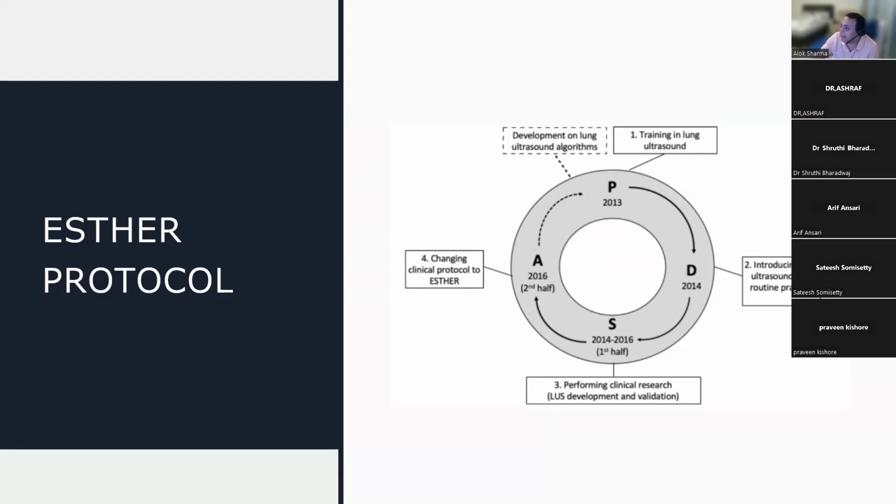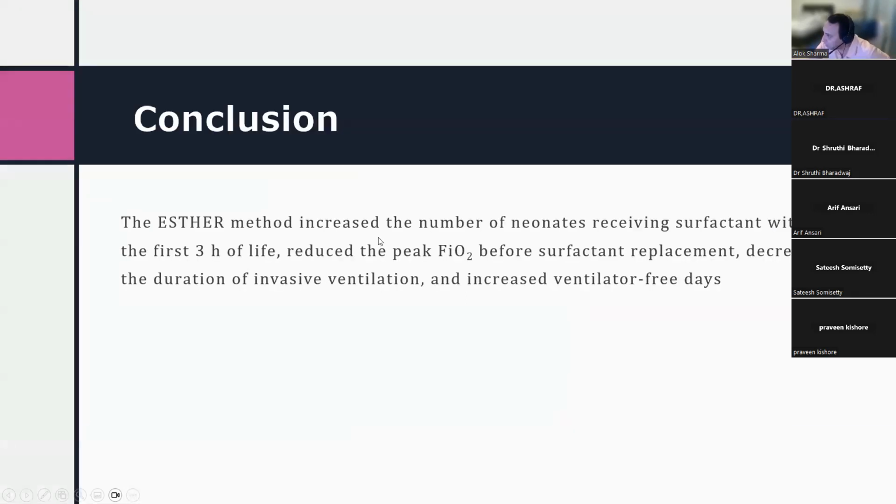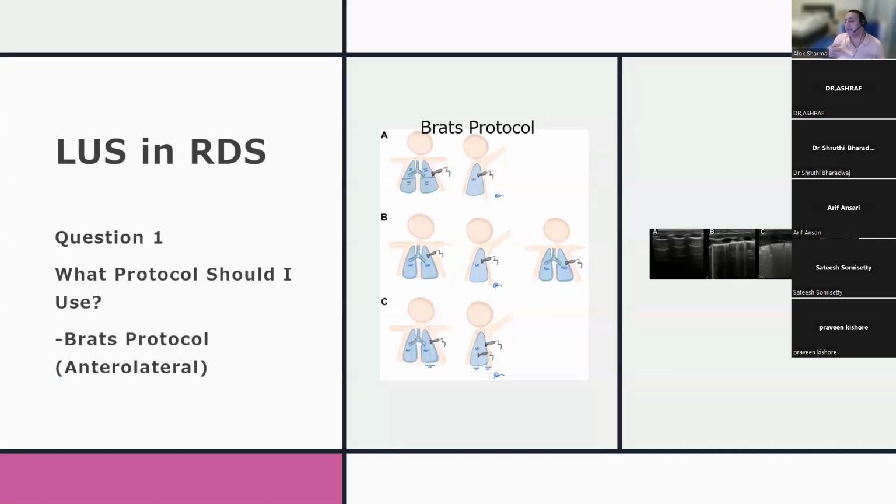And again, it's interesting to note that a significant number of babies had a shorter duration of surfactant therapy. But more importantly, what they also were able to demonstrate is that for those babies who had lung ultrasound within the first 3 hours of life, a significant proportion of them had surfactant much earlier than they would have had if they had used FiO2 alone. So it's a good example of how they've used lung ultrasound in practice to support their belief that you can successfully use lung ultrasound as opposed to FiO2 alone for the treatment of these babies.